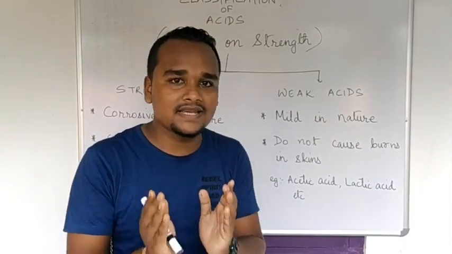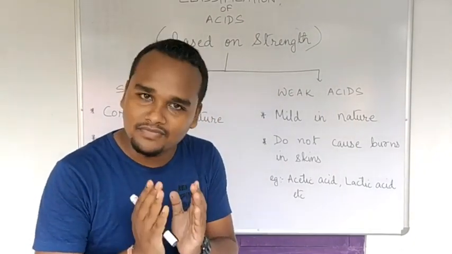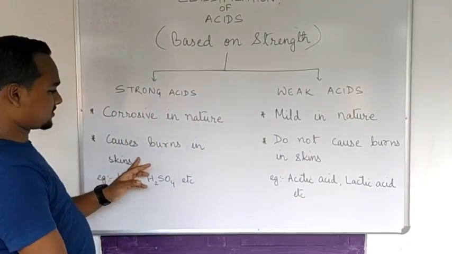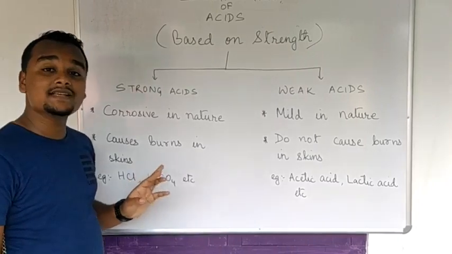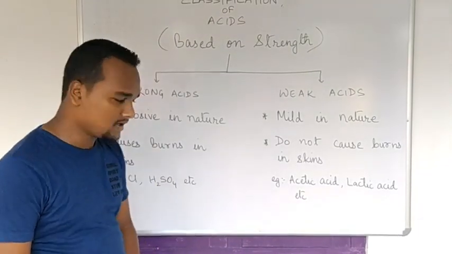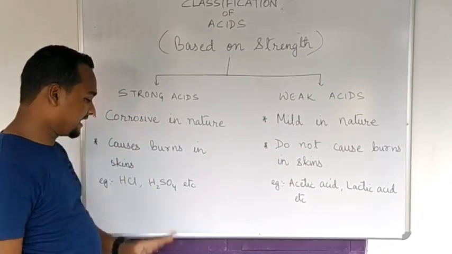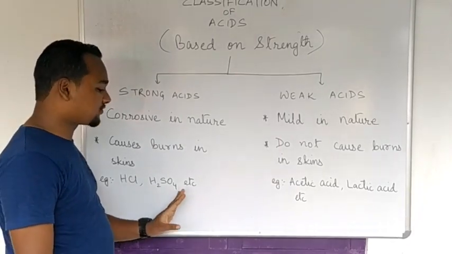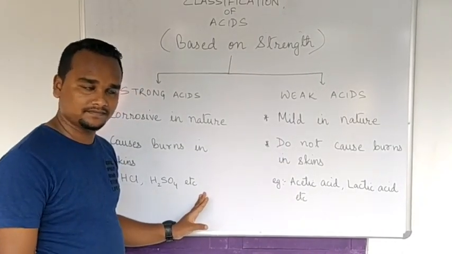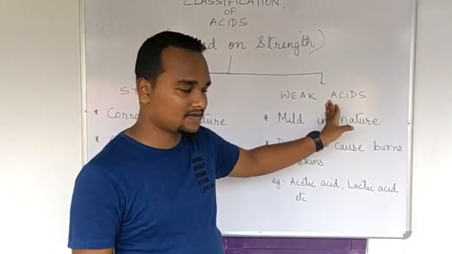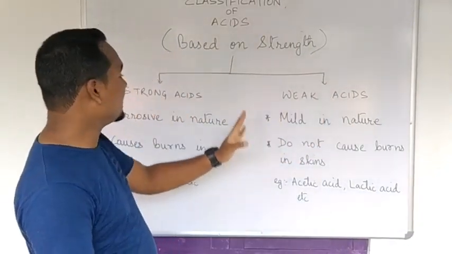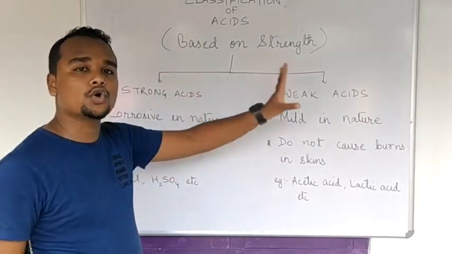Since they are corrosive in nature, they can cause skin burns. Examples are HCl, H2SO4, etc. Weak acids, what are they? They are completely the opposite of strong acids.